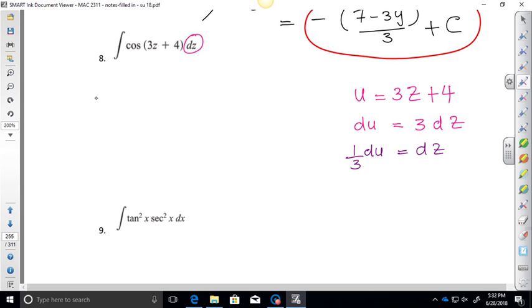So this would be integral cosine of u times 1/3 du. I can pull the 1/3 out because it's a constant. All I'm integrating is cosine u du. And what's the integral of cosine u? Sine u.